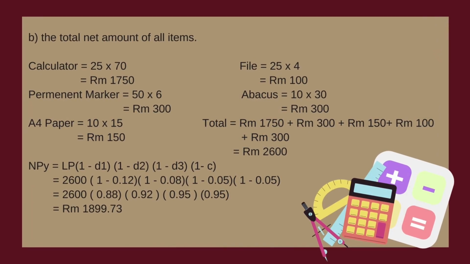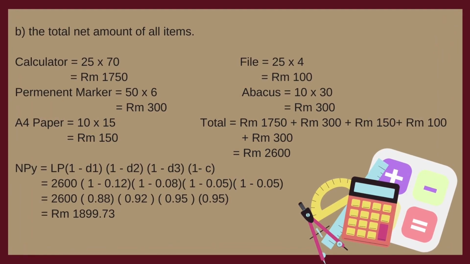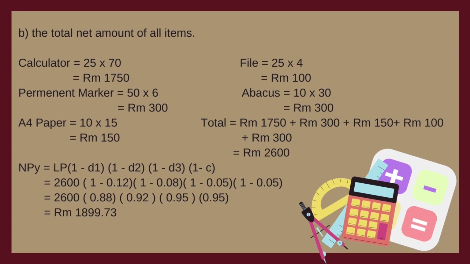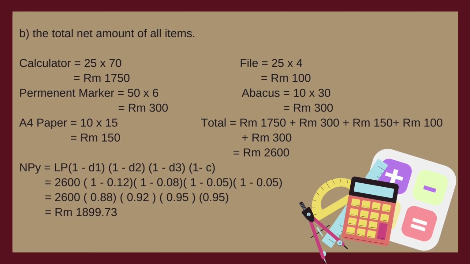We move on to question 2b. In this question, it asks us to find the total net amount of all items. So, we need to use this formula, which is NPY equals LP times (1 minus D1) times (1 minus D2) times (1 minus D3) times (1 minus C).